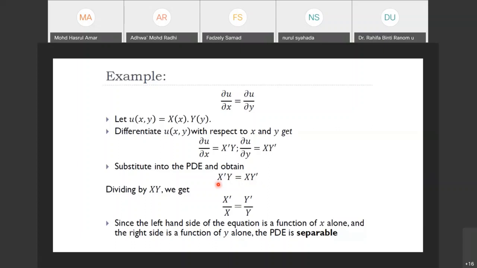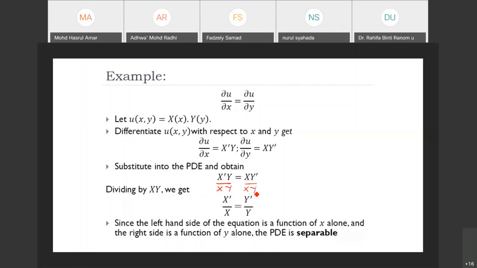If you don't understand, just throw your question. Switch on your mic and ask. How do you get this from the PDE? Then we divide the derivatives by XY, both sides.